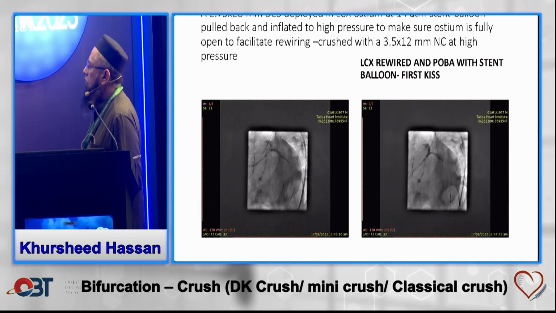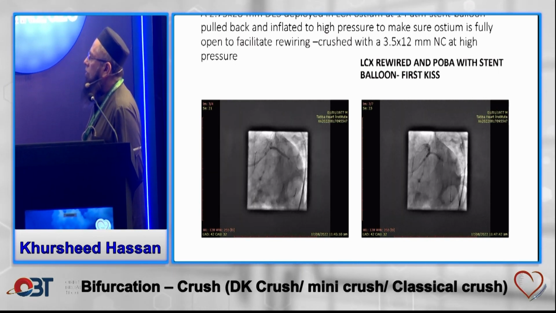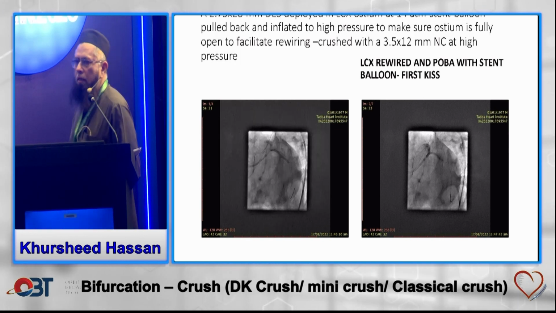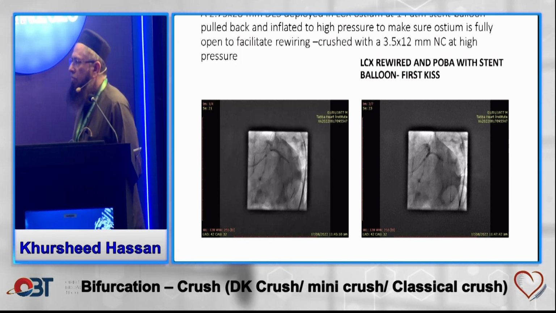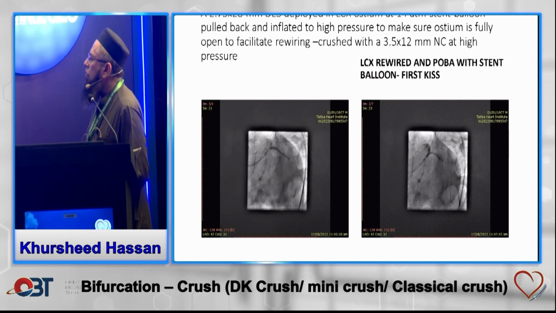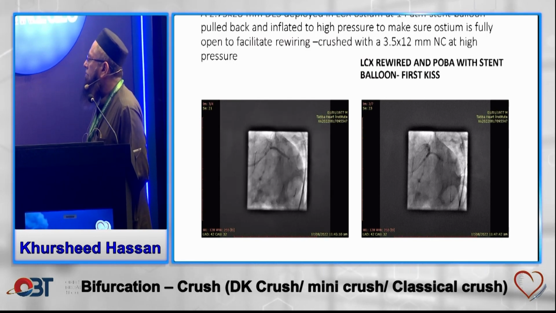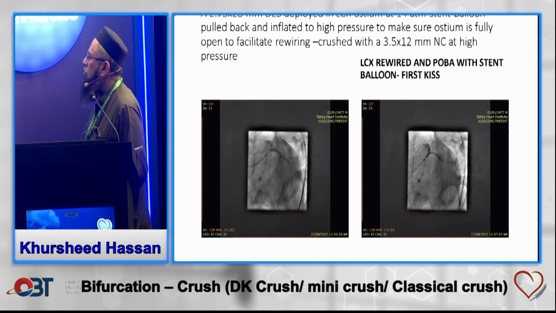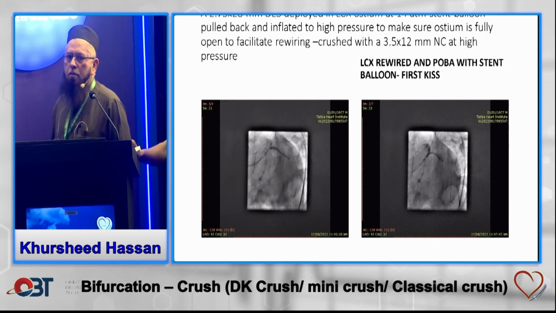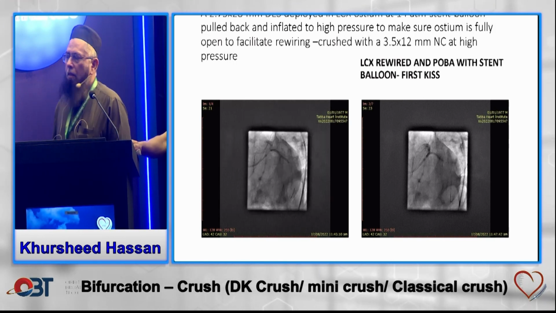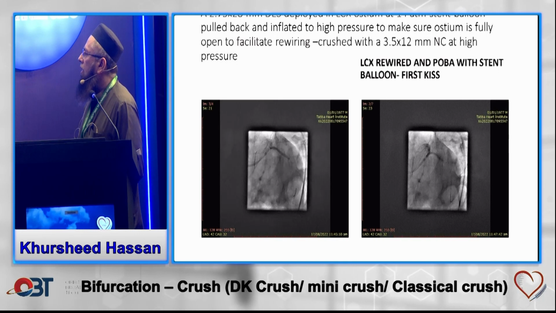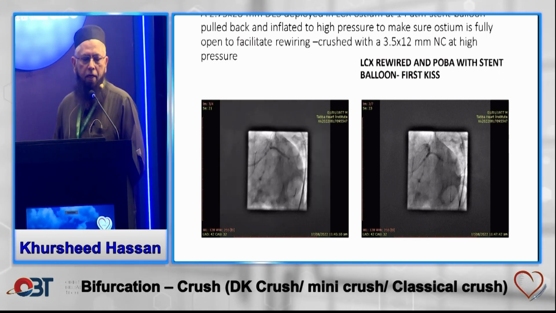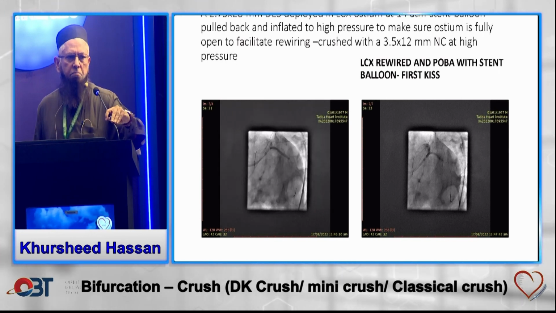It's a small balloon, so it's difficult to appreciate, but you have the balloon there in the left main. So we went up to 14. It's good practice to take this balloon out into the left main slightly, protrude it back, and go up to high pressure, 16, 18.